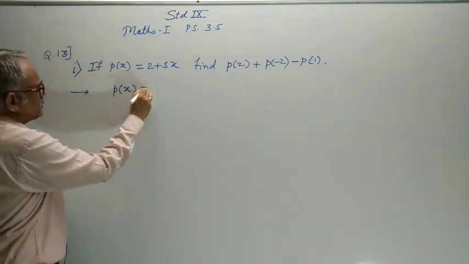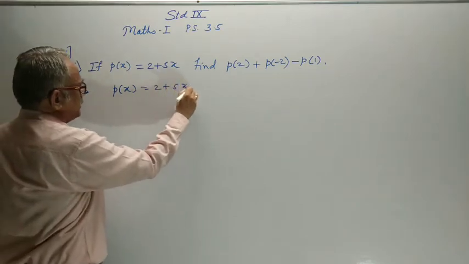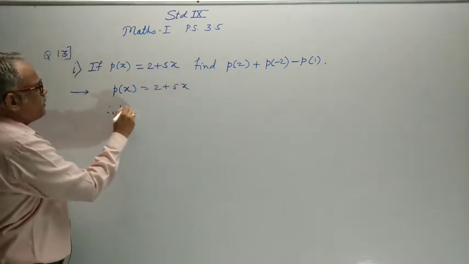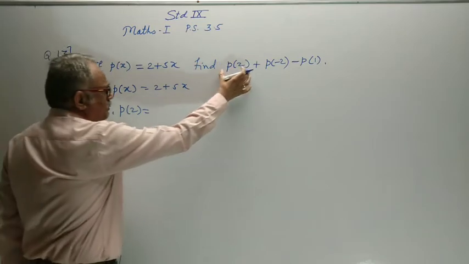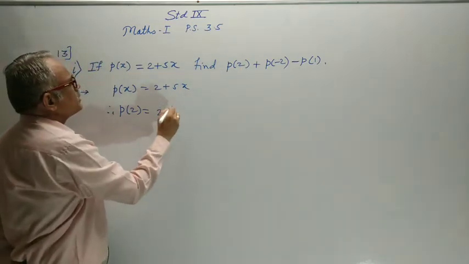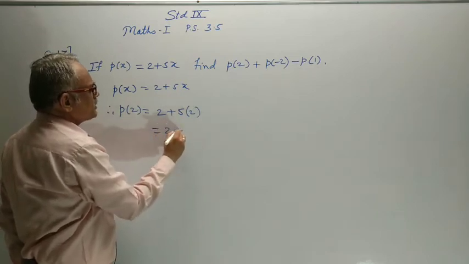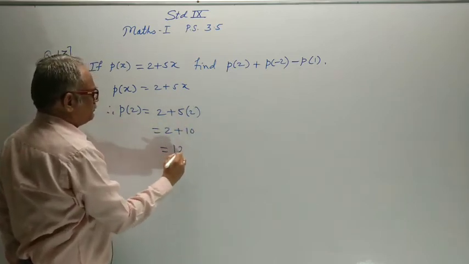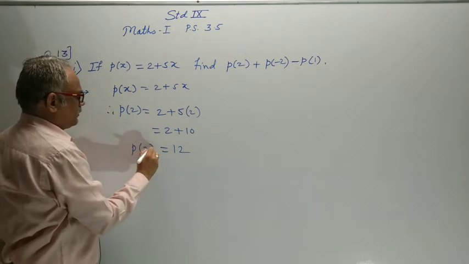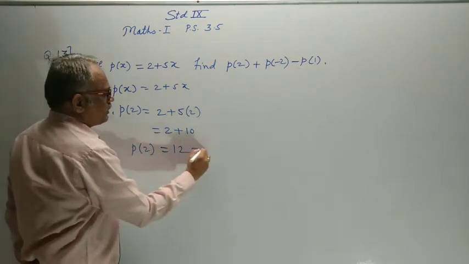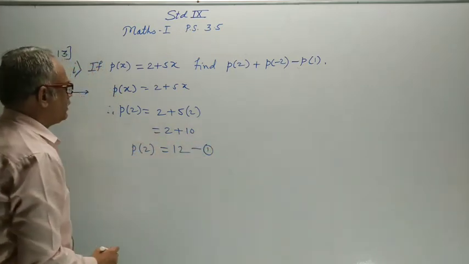P of x is 2 plus 5x. Therefore, first I am finding P of 2 separately. 2 plus 5 into, in place of x, 2. 2 plus 10, 12. This is equation 1 for our understanding.